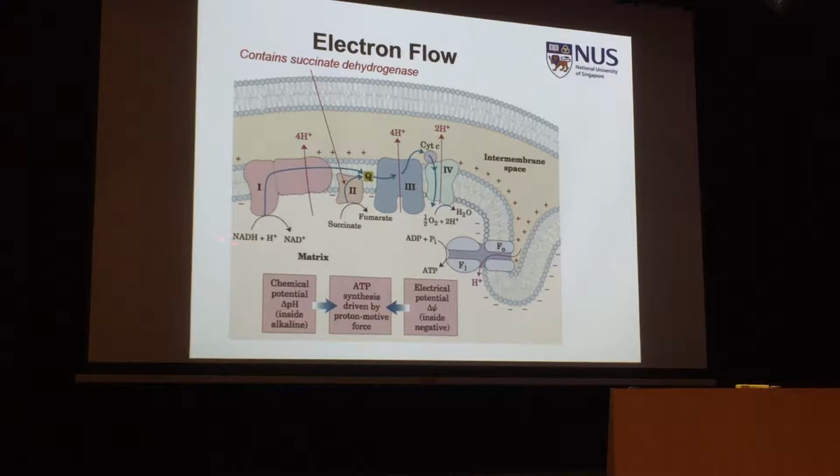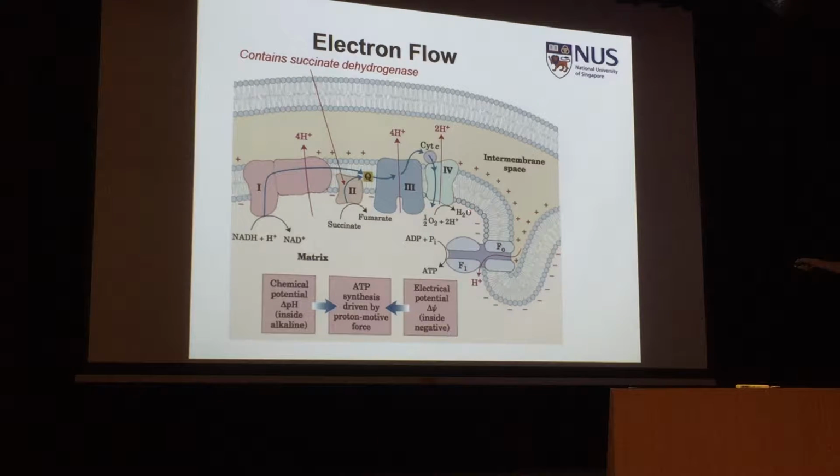Okay, it has taken up a pair of electrons from the pyruvate, from the acetyl-CoA and the proton. So now the pair of electrons have to be passed on to these complexes, right, in a sequential fashion, and finally to complex 4.